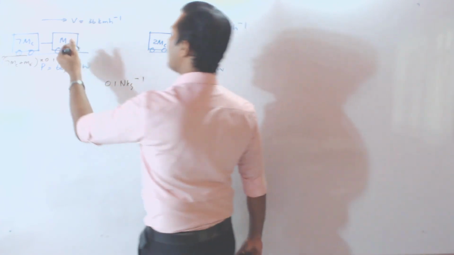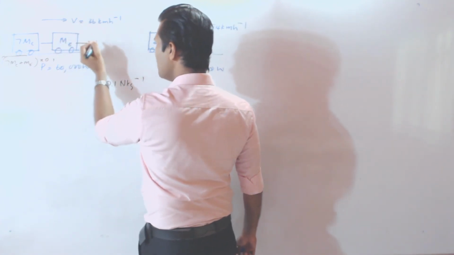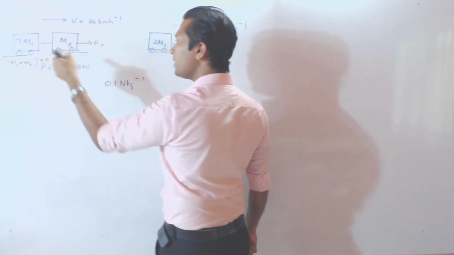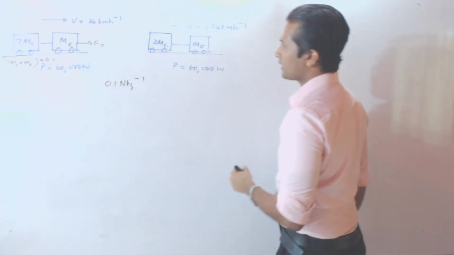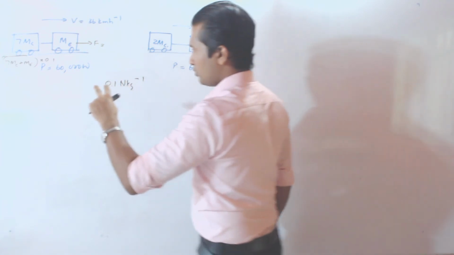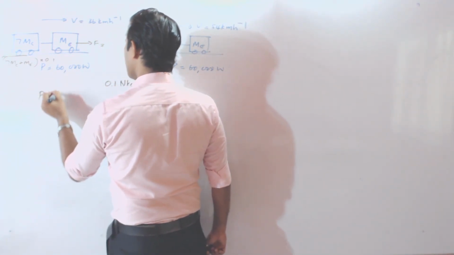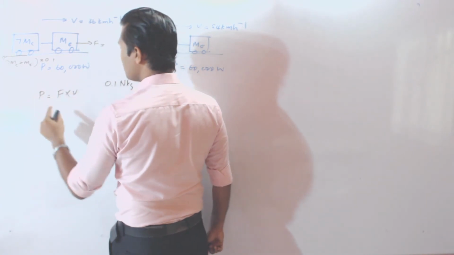So in order to maintain the uniform velocity, the accelerating force should be equal to the friction. We know that. So the relationship between those three can be taken as P equals FV.